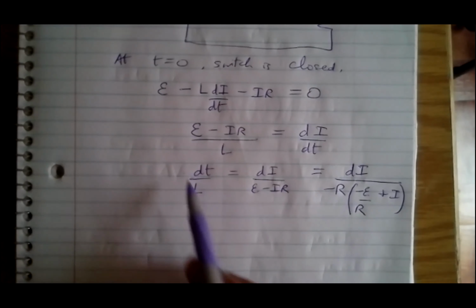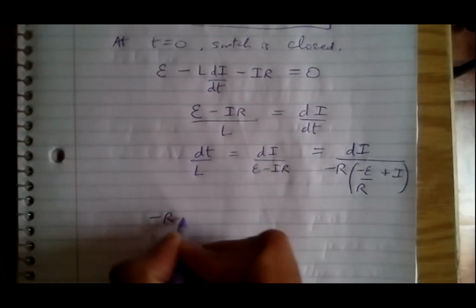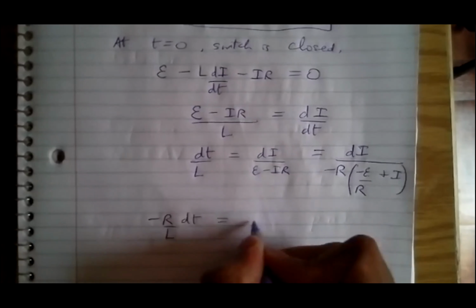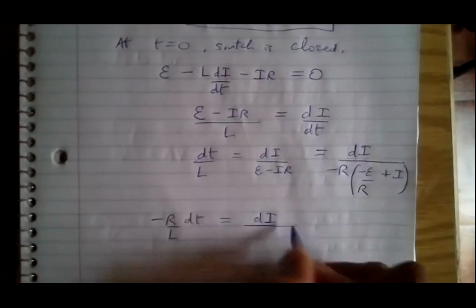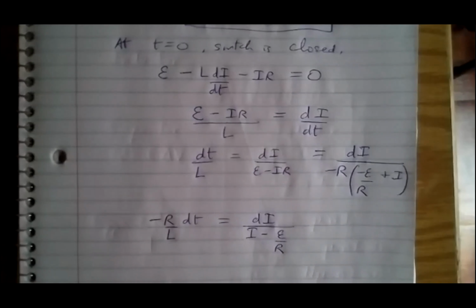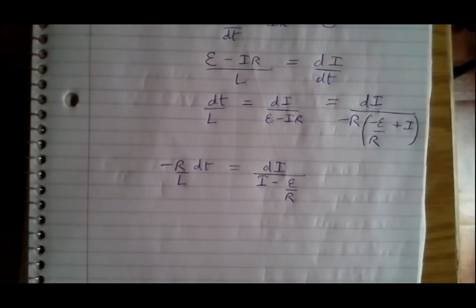I'll move the minus R over, and so then I have minus R over L times dt is equal to di over I minus E over R. And now I am ready to integrate.